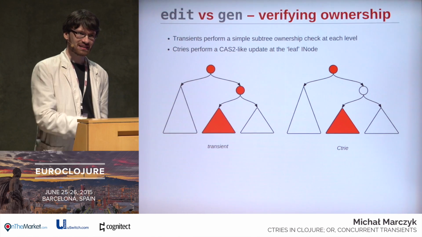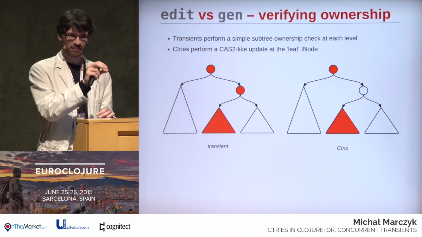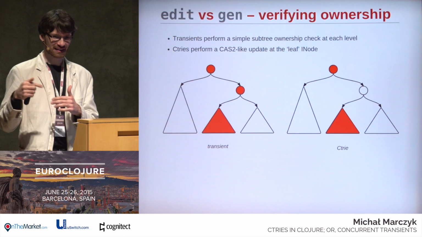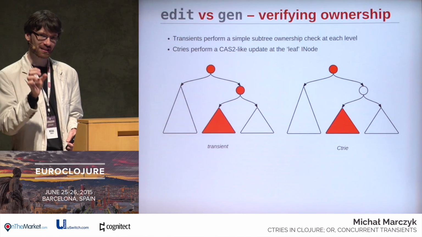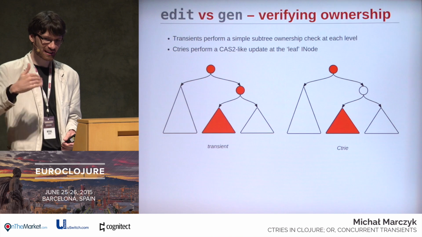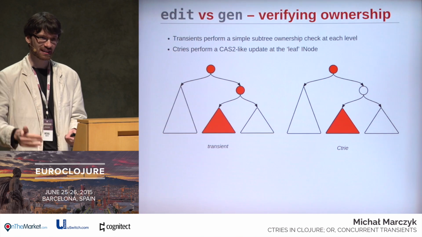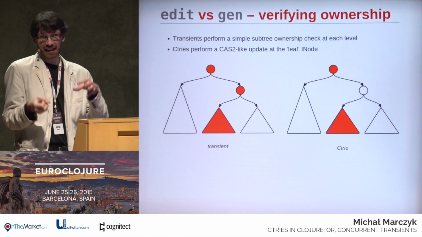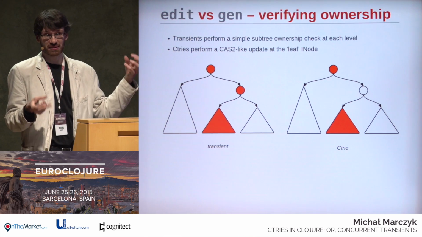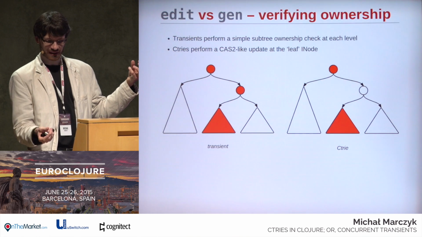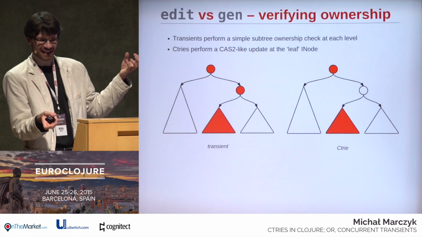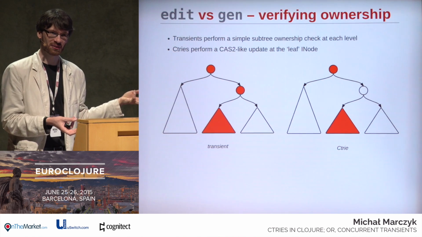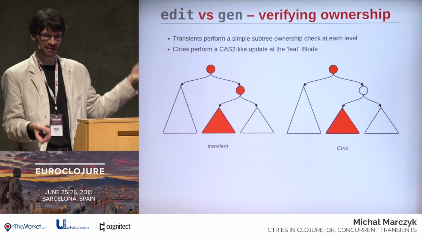So in transients, you have a relatively simple ownership check at each step of the way down the tree. In ctries, instead, the key ownership check guarding your updates happens at the leaf node that you're modifying and involves the root. So somehow you need to make sure that nobody changed the node you're looking at in the meantime, while also making sure that root generation has not yet changed.